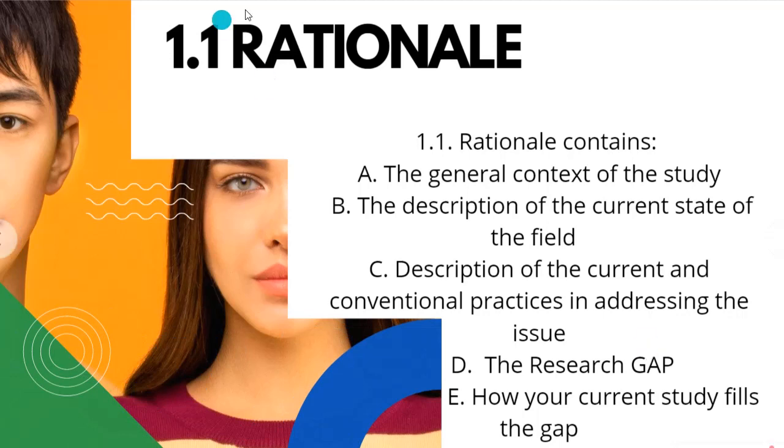So the rationale, 1.1, the first part in Chapter 1, contains the general context of the study, the description of the current state of the field, the description of the current and conventional practices in addressing the issue, the research gap, and how your current study fills this gap.